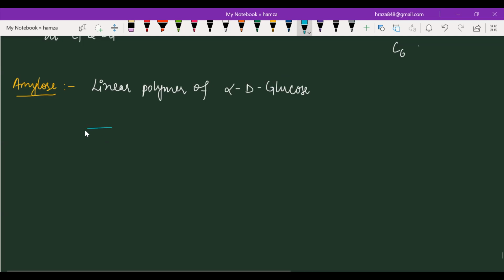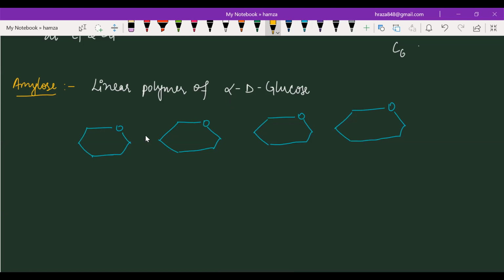So I am going to write, first concentrate here, focus here. It will be like this. Again, polymer, that means several units of this, any unit of this. It will be like this. And you can write the whole structure of alpha D glucose, which is very easy.